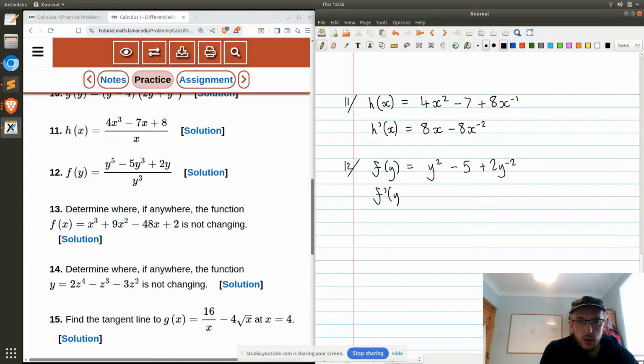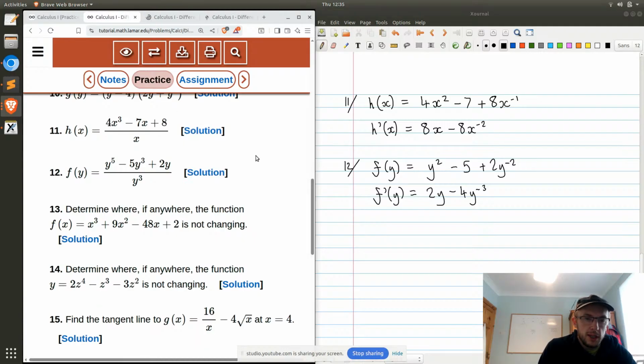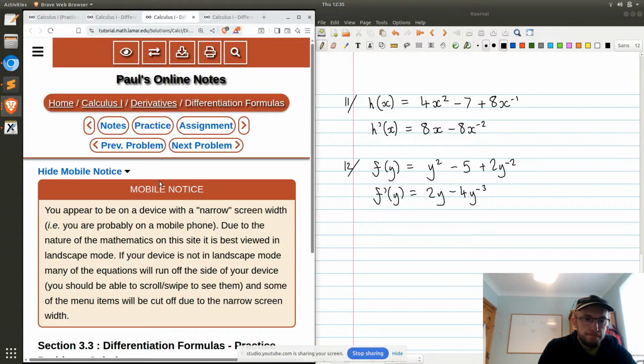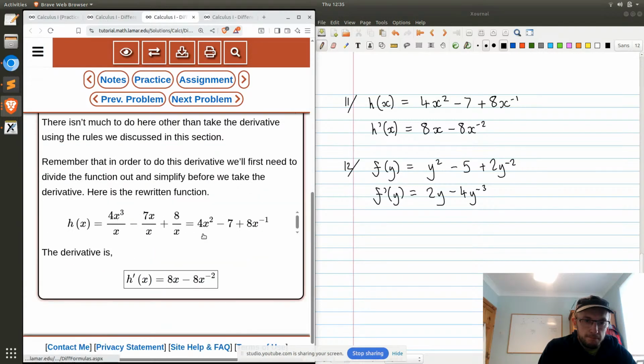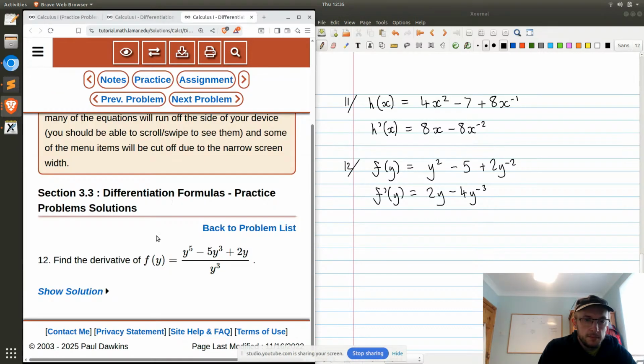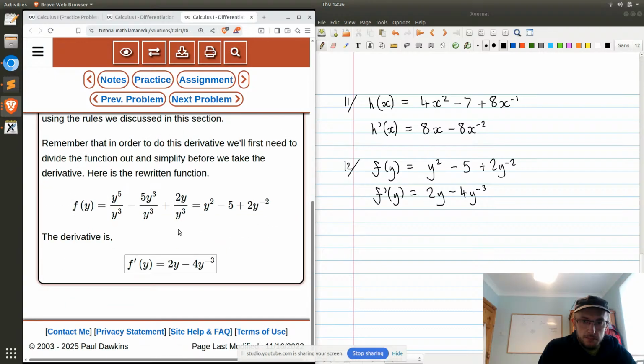And so f prime of y is 2y, that constant disappears, minus 4y to the minus 3. Check these. That's correct. That's correct.